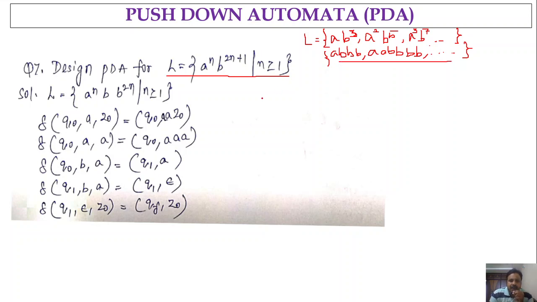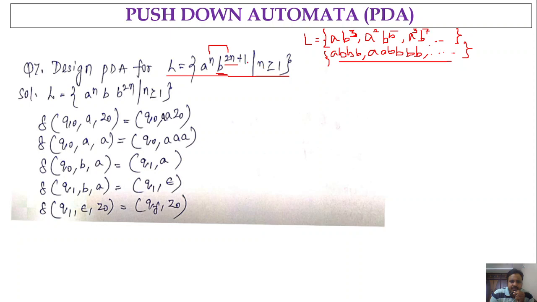Here the number of b's must be twice the number of a's plus 1. So how can we make a comparison between the number of a's and the number of b's? The number of a's is n, and the number of b's must be double the number of a's plus 1. So what we have to do is for each occurrence of a we push 2 a's.